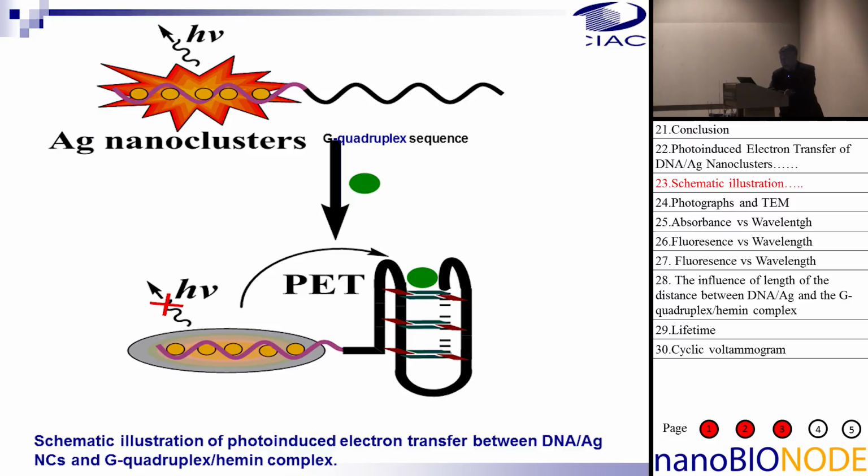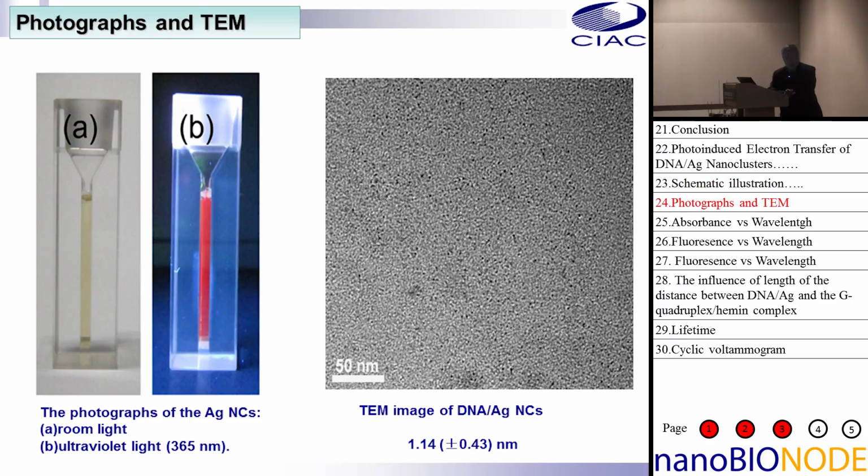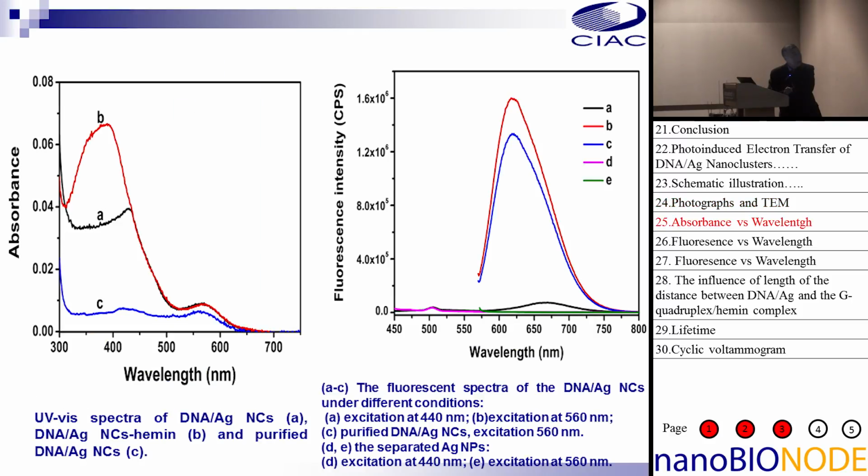And here I just show you the photograph and the TEM. This is under low light, and this is under ultraviolet at 365. And by the TEM, we measured 1.14 nanometers, which is just in the range of a nanocluster. For UV-visible, we have studied two peaks, one at 400 and the second at 560.